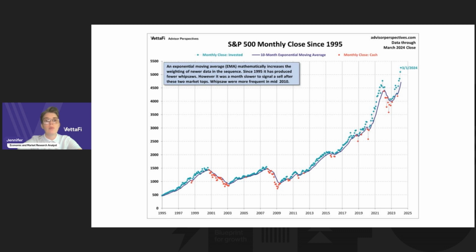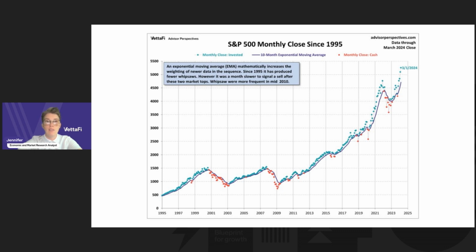And lastly, we have one more variation to the moving average strategy. This chart shows the 10-month exponential moving average, which is a slight variant to the simple approach used in the previous two charts. In this version, we mathematically increase the weighting of newer data in the 10-month sequence.